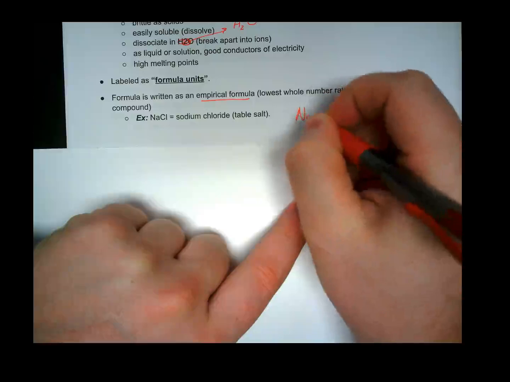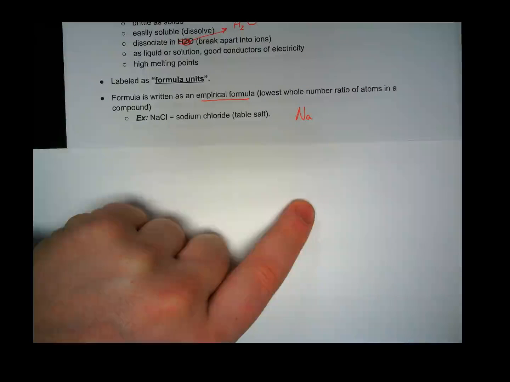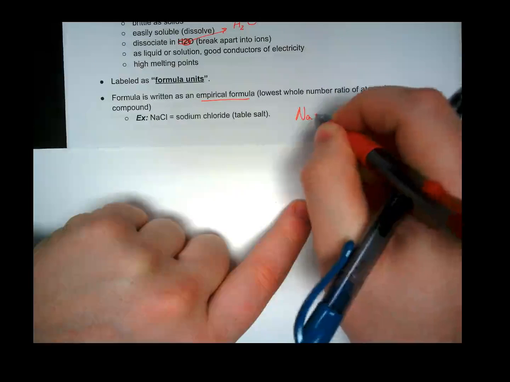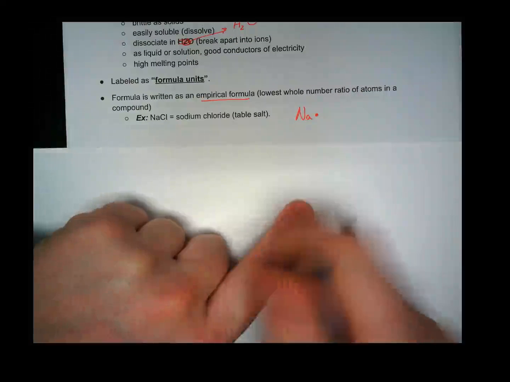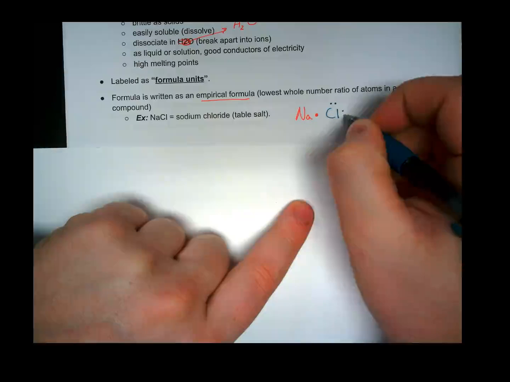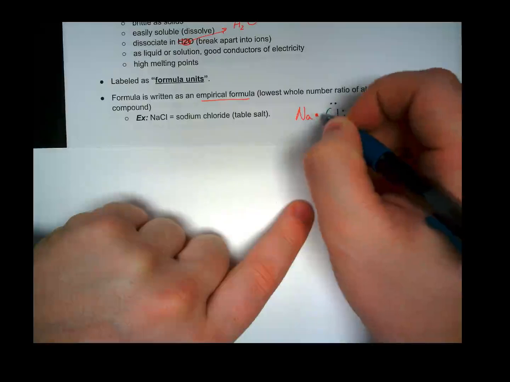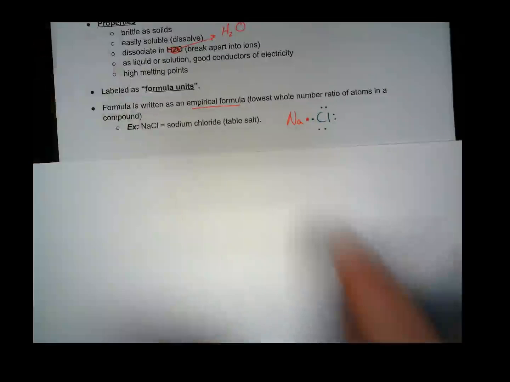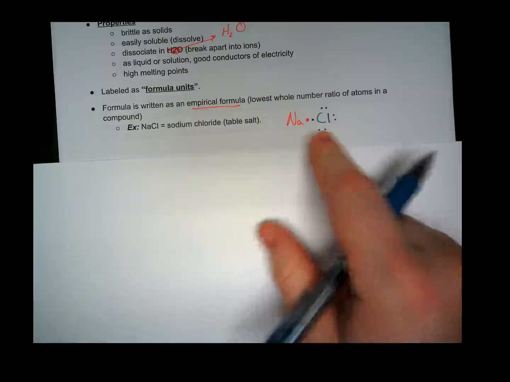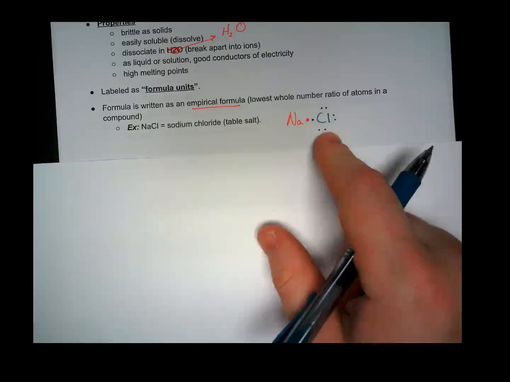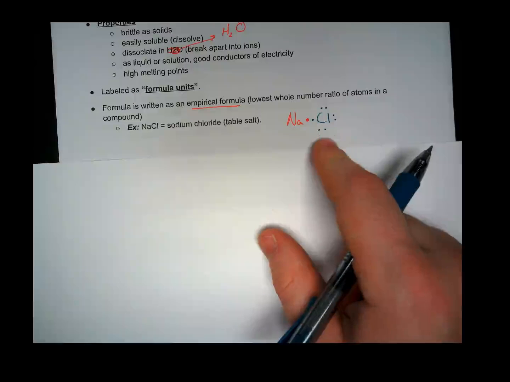So if we've got sodium here, and if we look on the periodic table, sodium is going to have just one valence electron, and then there's going to be chlorine over here, and chlorine is in the 7A group, and chlorine happens to have 7 valence electrons. So you tell me, who wants to give up what? Do you think it's going to be easier to give up 1 electron, or is it going to be easier to take 1 electron? I think you understand the answer there.